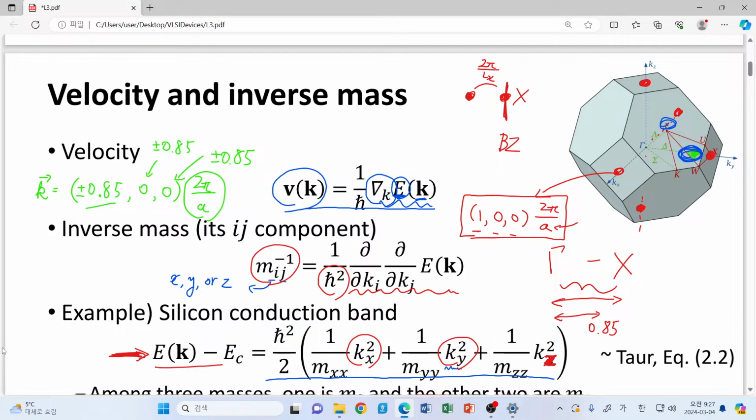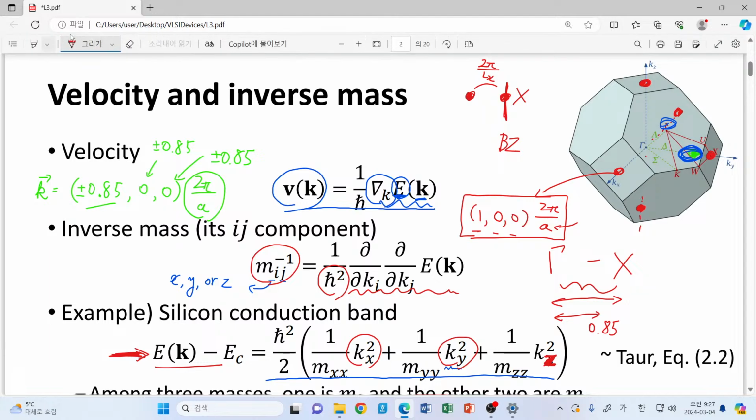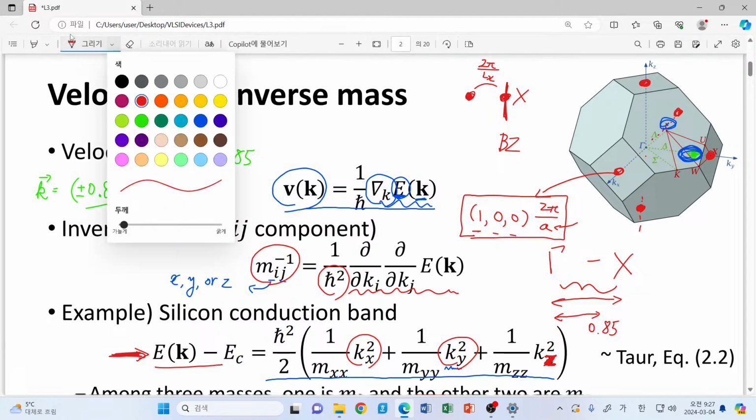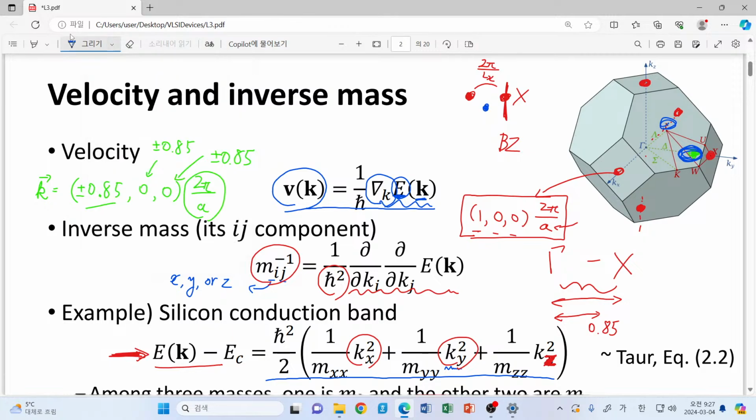However, if you introduce a twice larger system, then the distance between your zone boundary value and the closest point becomes just 2 pi over 2Lx.